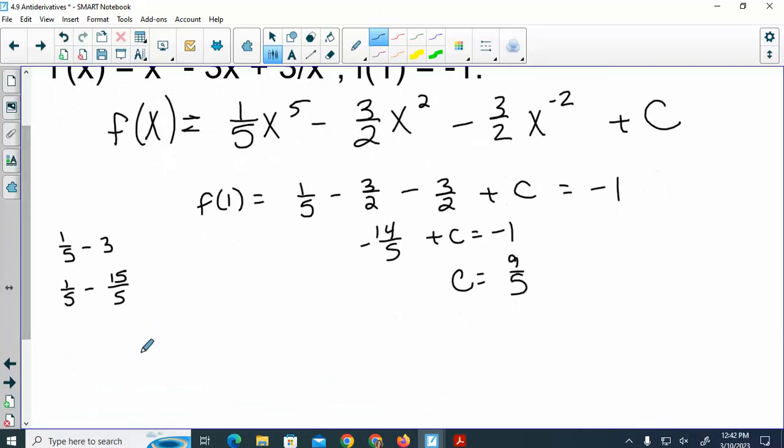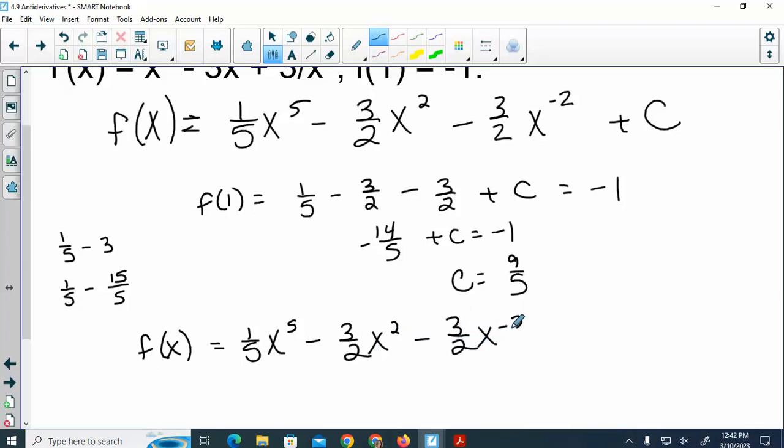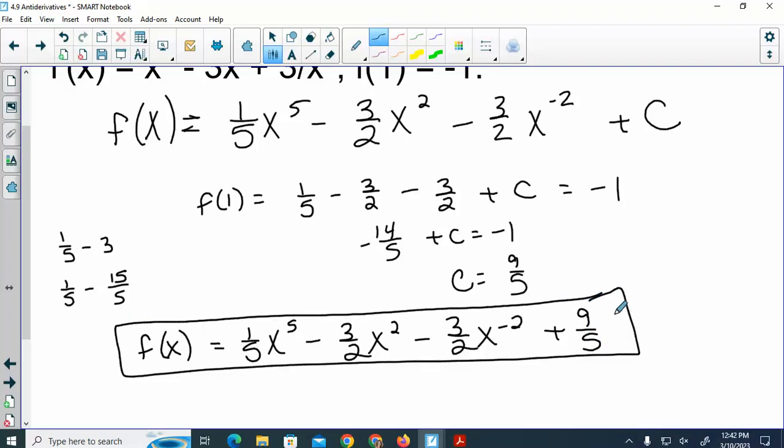So the original function is 1/5 x to the 5th minus 3/2 x squared minus 3/2 x to the negative 2 plus 9x.